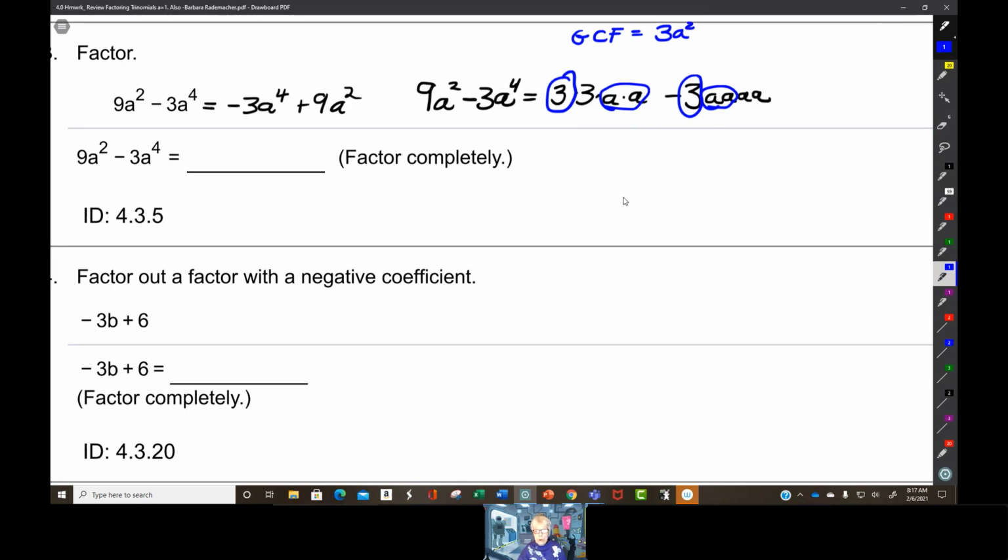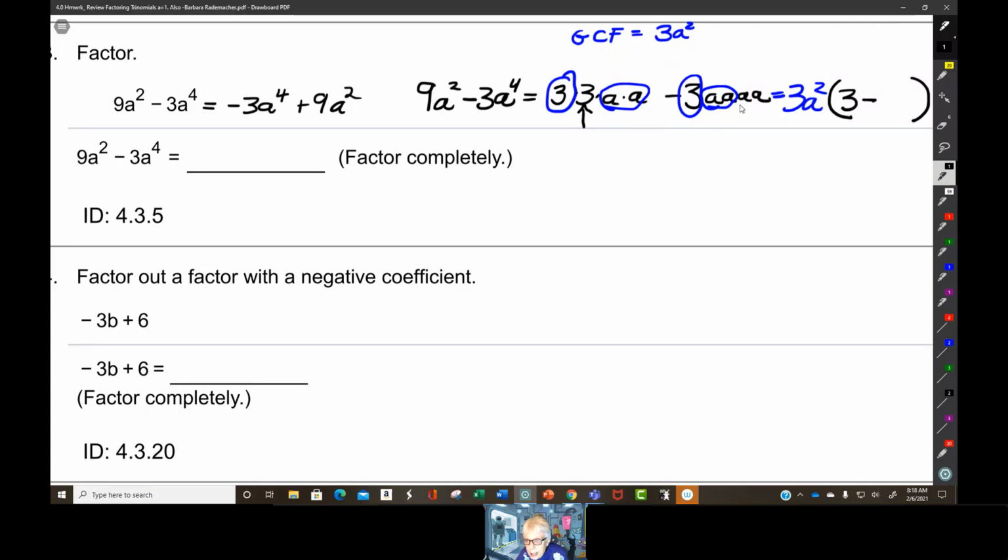Now what's left over is, there's a 3 right here, and a minus sign.